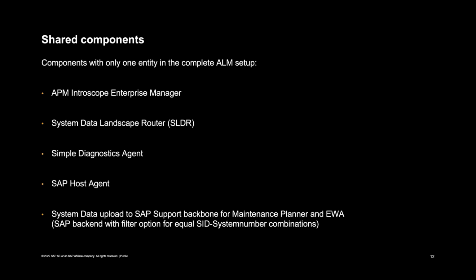If it is wanted, you can also disable this system data upload for the complete Focused Run system or for individual managed components in the landscape management database inside of Focused Run. But there are also no issues expected if multiple Focused Run systems are uploading the same data, because all Focused Run landscape data is acquired in the same infrastructure, in the same data acquisition way. I will explain this in a minute.